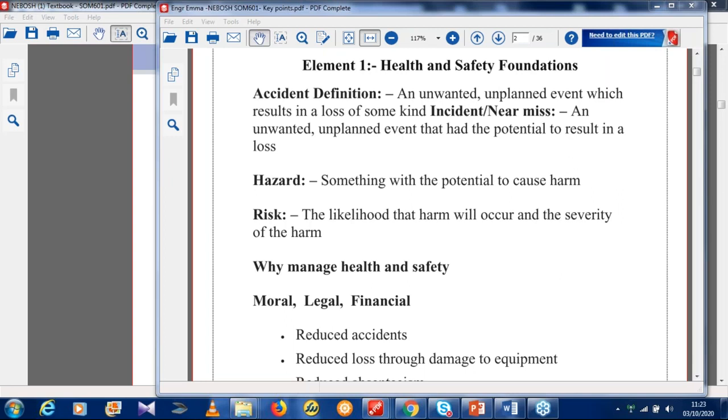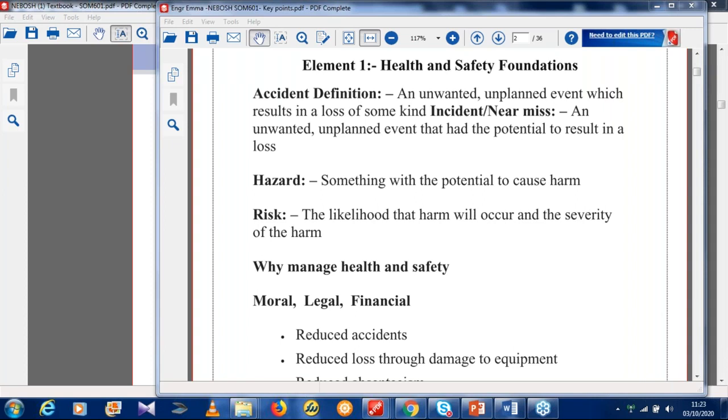As it applies to work, we're talking about the physical, the psychological, and the psychosocial well-being of such an individual as it applies to the person's job. That's what defines health.